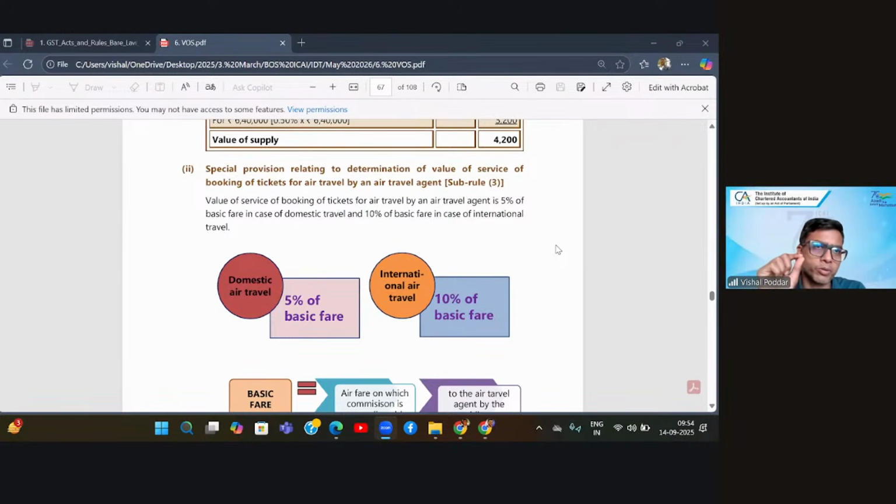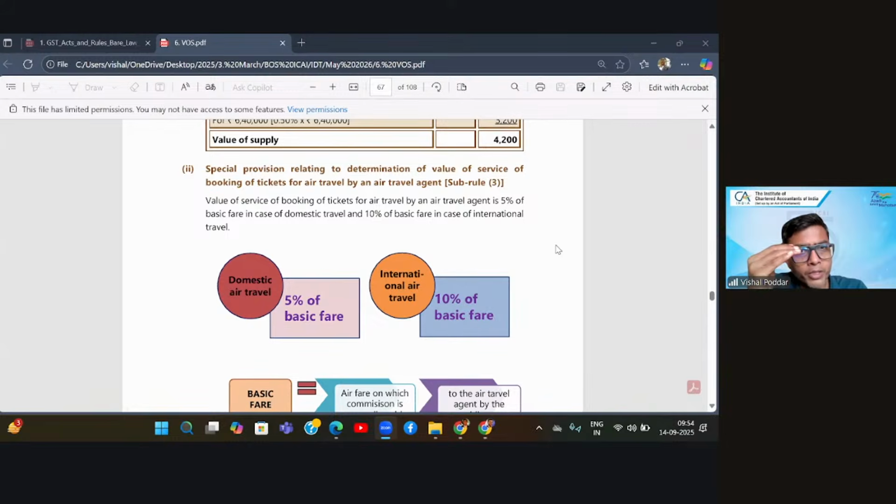Now in the ticket also, let us say I am traveling from Bombay to Delhi. What the Indian Airlines is charging me is 10,000. But if you look at the invoice, there are three components.